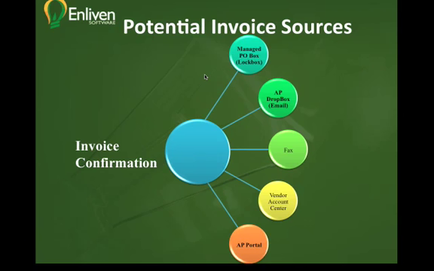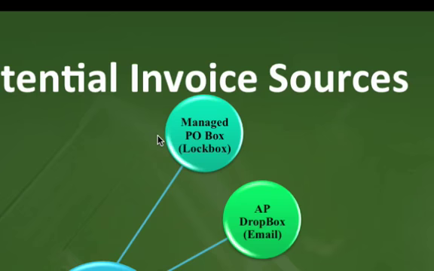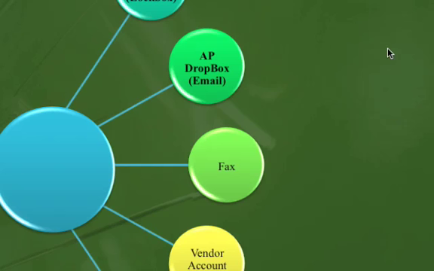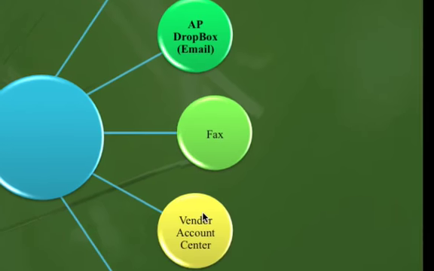As far as the potential sources of invoices, as discussed, we have a couple of different options available to you. And you can have the Manage PO Box option, where we will handle all paper invoice scanning for you and push it into the electronic workflow. We also have what we call our AP Dropbox, where your vendors can send you an email PDF of the invoice, which will push it into the same workflow. We support receipt by fax.